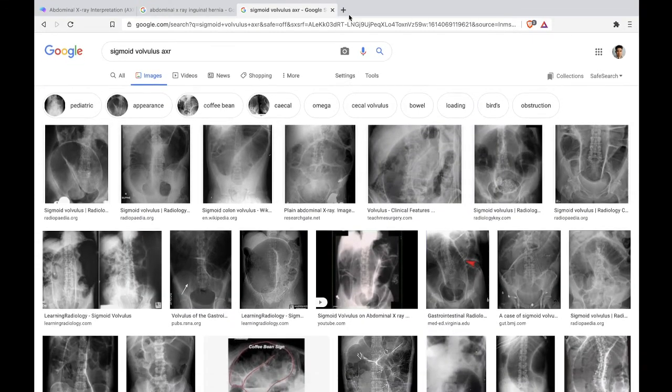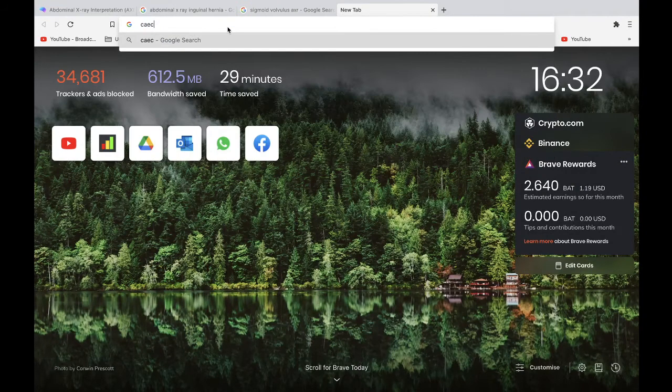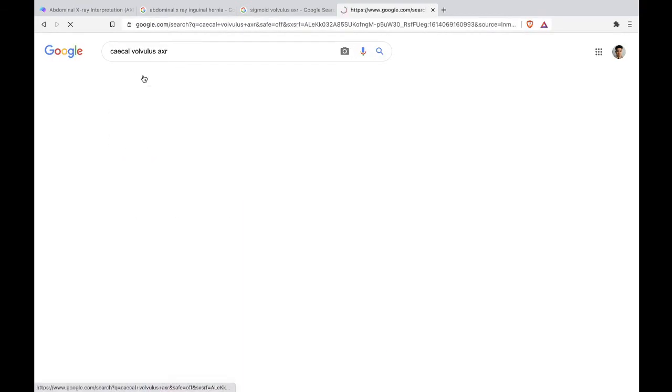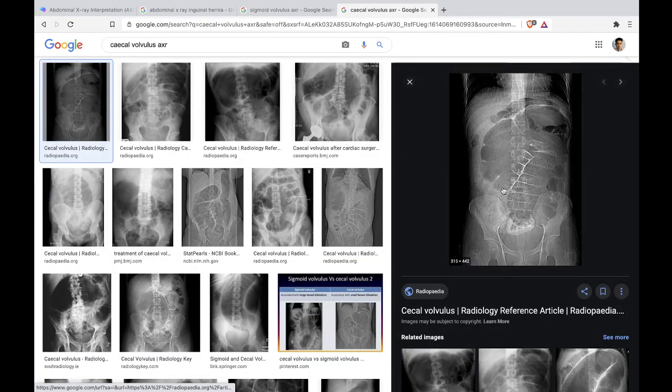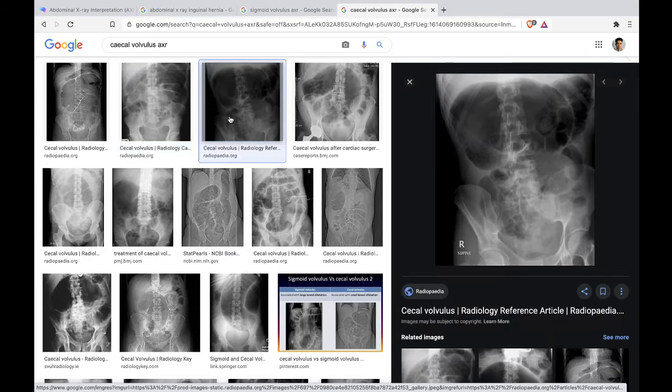And then let's look for cecal volvulus. Where's the embryo appearance? Is this the embryo appearance? I don't see an embryo resemblance here.